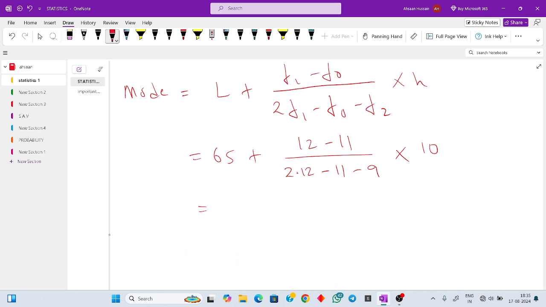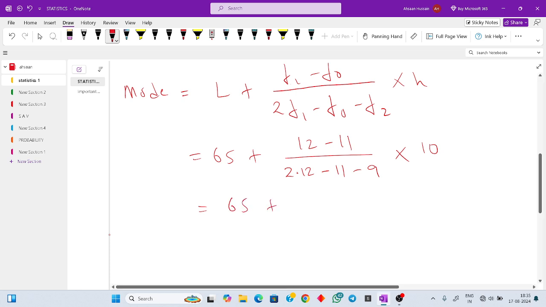I can use a different page also, but since the data are given here, that's why I'm using the same page. 65 plus 1 by 24 minus 11, minus 9 will make 20, multiplied by 10. So 65 plus 1 by 4 multiplied by 10.